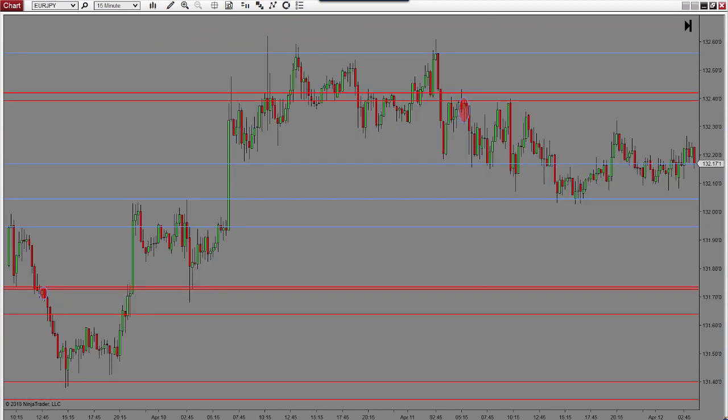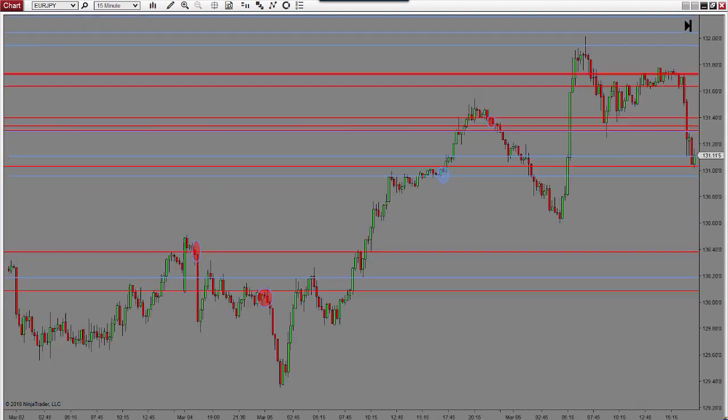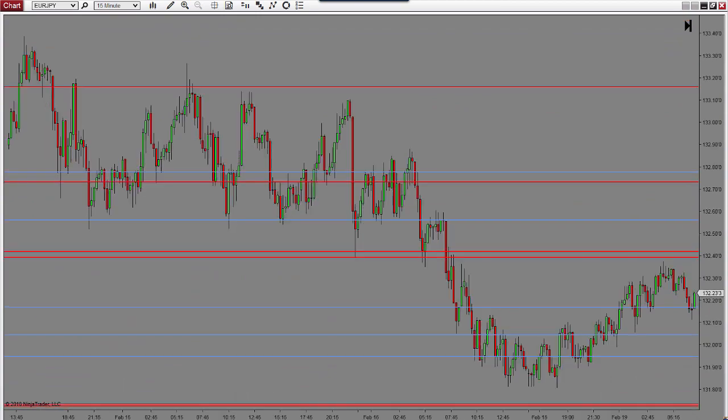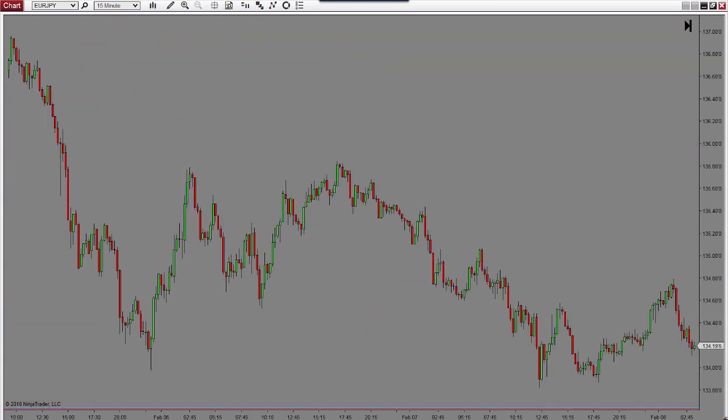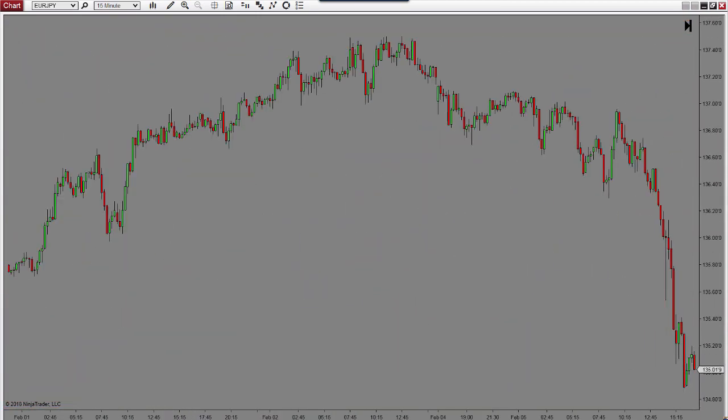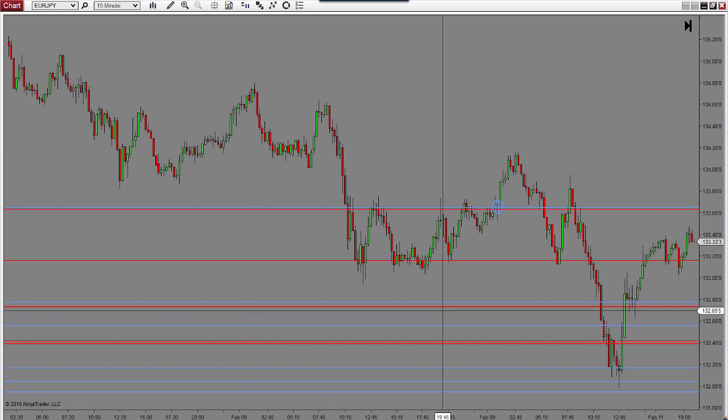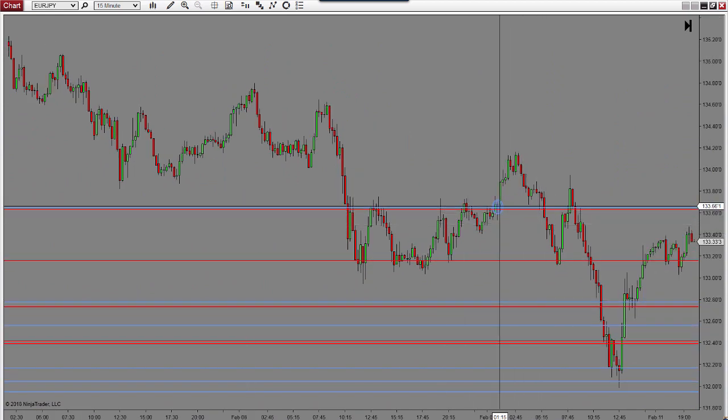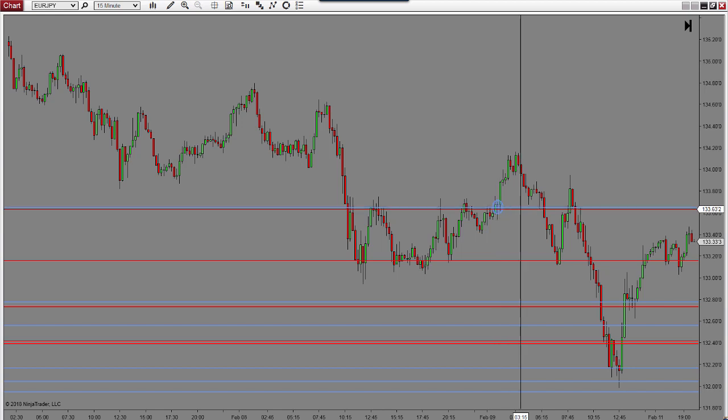The issue with that is the lines go all the way back, all the way left and all the way right. So here's what I did. I put blue ellipses for long areas, and the blue line for a long area.